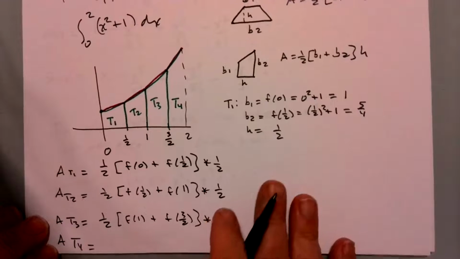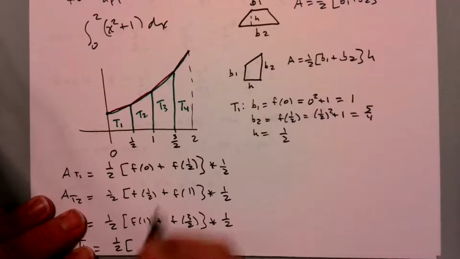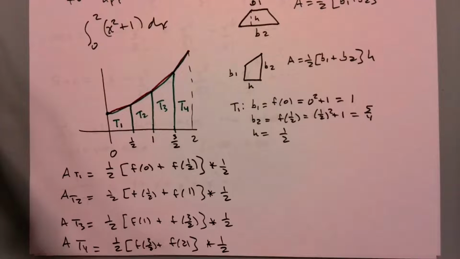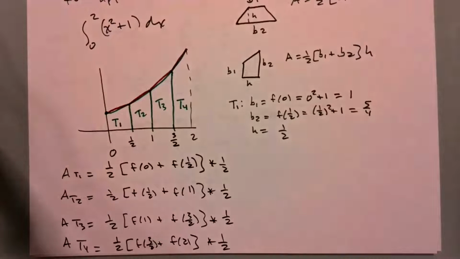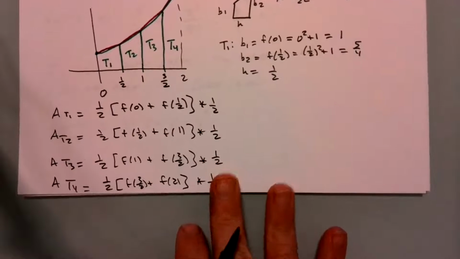And then the area of trapezoid 4, is what? Area of trapezoid 4 is 1 half f of 3 halves plus f of 2 times 1 half. So the total area requires us to add all these pieces up. And you'll notice that if we add all these pieces up, we're going to see a pattern emerge.